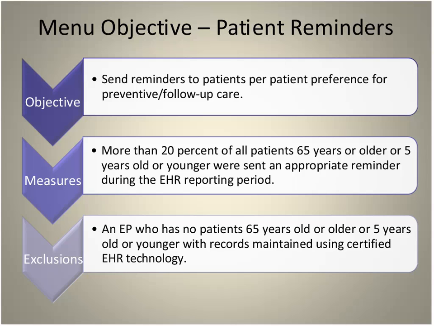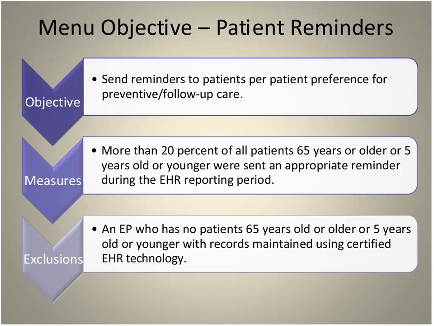For those practices who are based on episodic care, or when we'll see the patient when the patient calls us, this is an attempt to kind of turn that around a little bit. And so for those patients, again, that population of over 65 or under 5, at least 1 out of 5 of these were sent some type of reminder during the EHR reporting period.